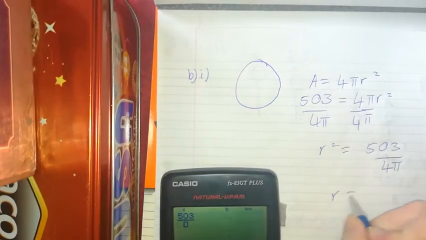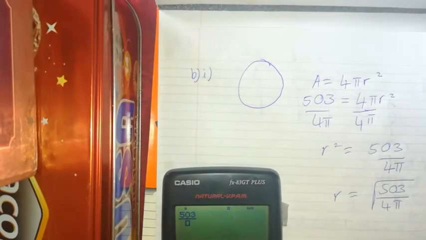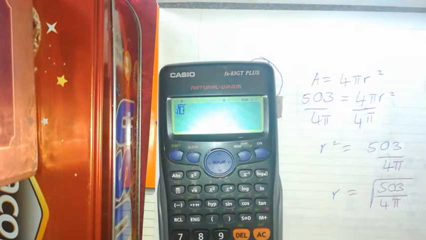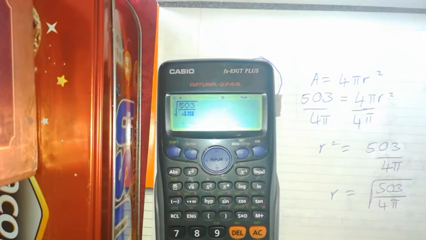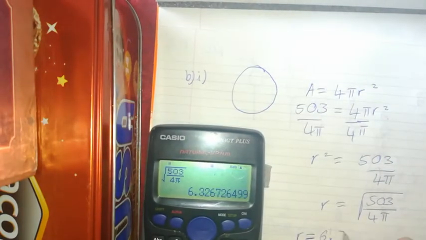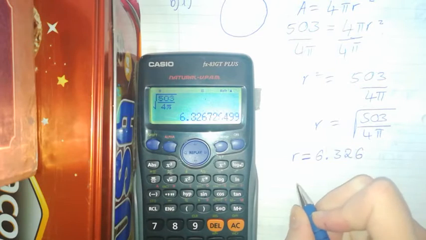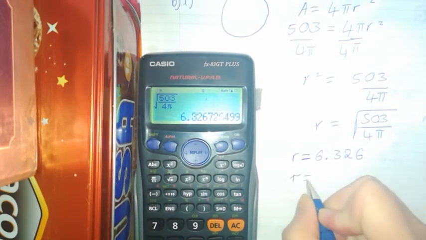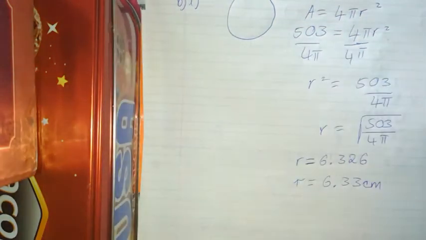If I want to get r, it's the square root of 503 over 4 pi, and I get that the radius is 6.326. It says correct to 1 decimal place, but they want the height, so I'm just going to put the radius to 2 decimal places: 6.33 centimeters.